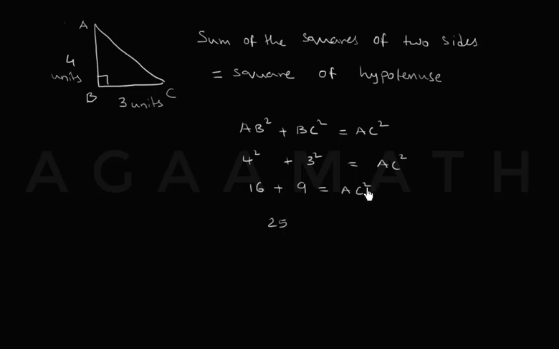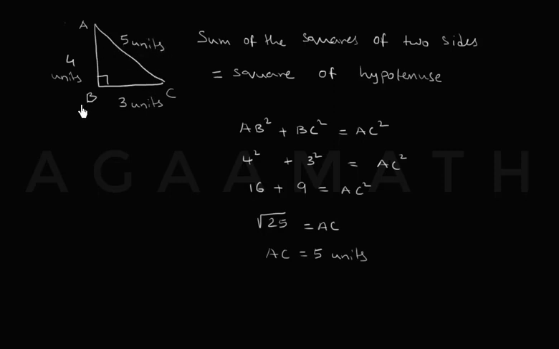When I transfer this square towards the LHS, it is under root of 25 equals AC, so AC is equal to 5 units. So the length of this hypotenuse is 5 units.